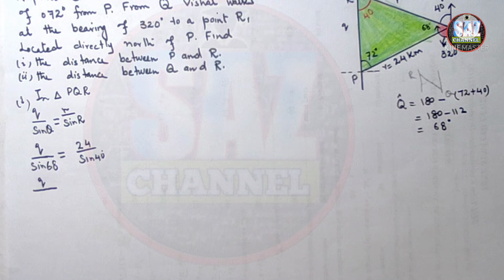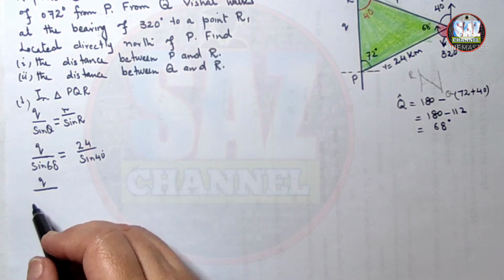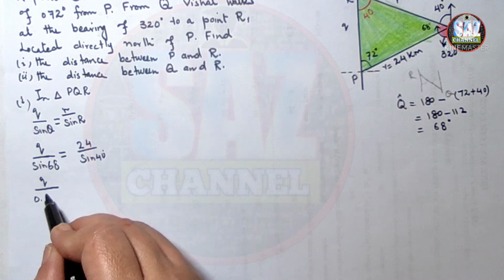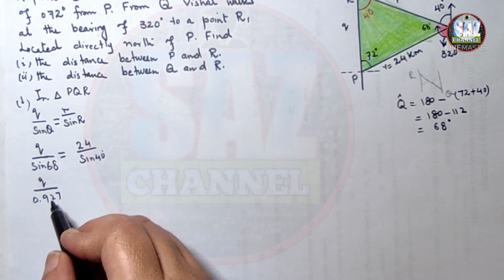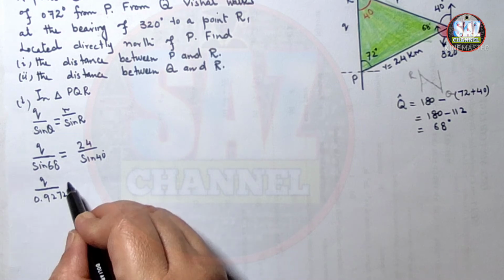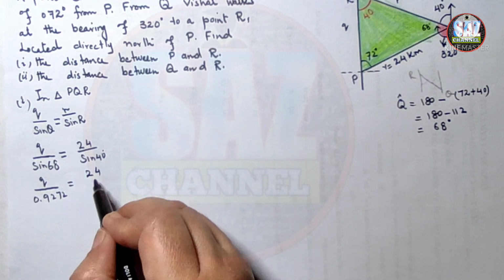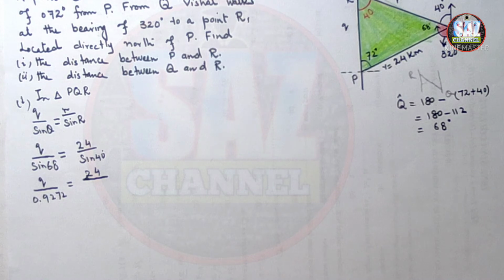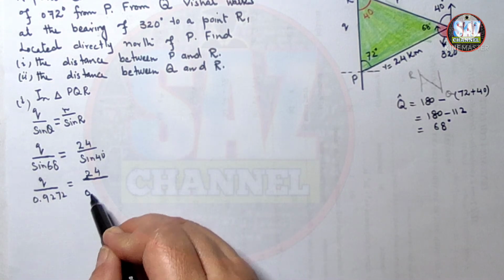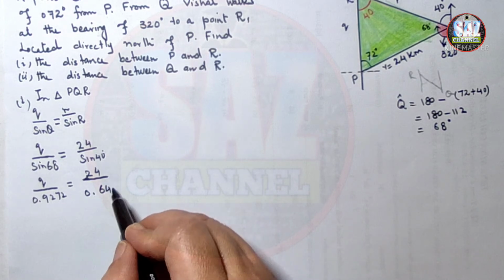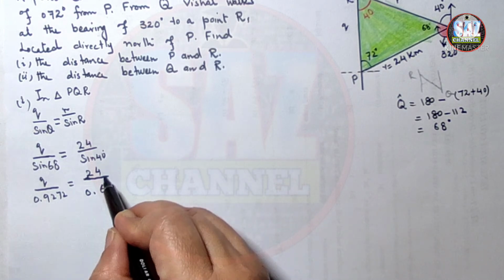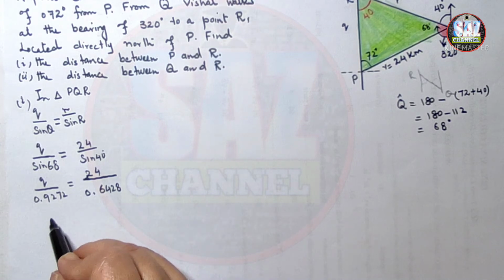Sine 68 degrees is 0.9272, and this is 24 upon sine 40 degrees, which is 0.6428. Now go for cross multiplication.